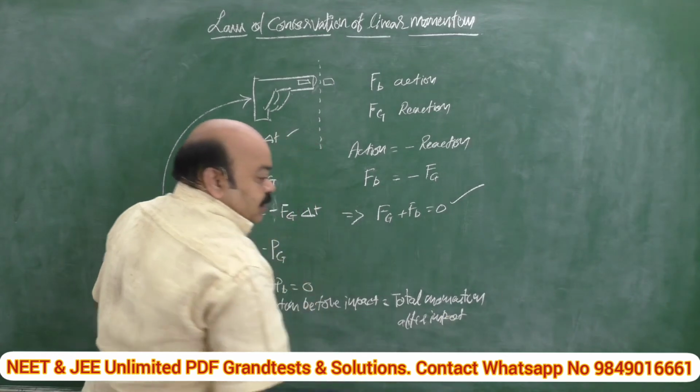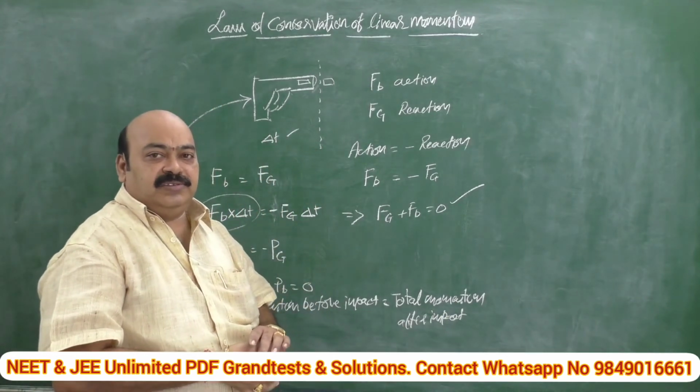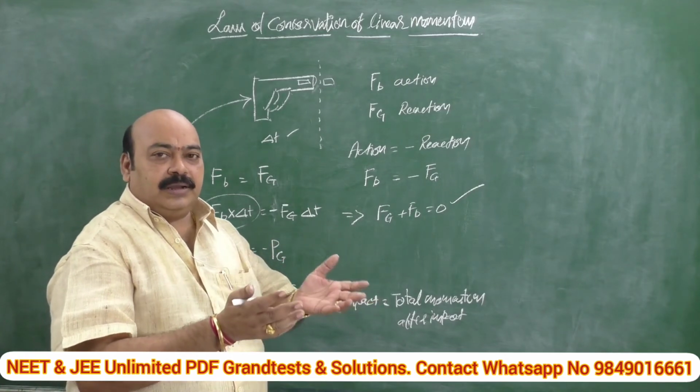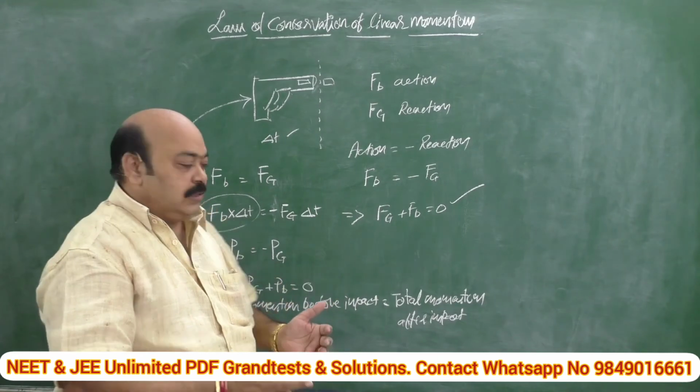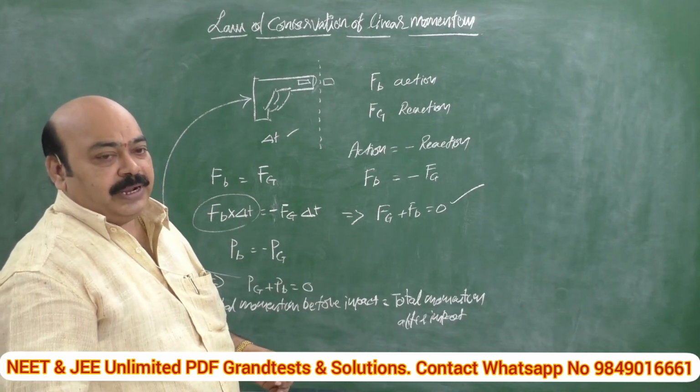Hence, the law of conservation of momentum is said to be verified in this case. What is the statement? The total momentum remains conserved. The total momentum before impact is equal to total momentum after impact.